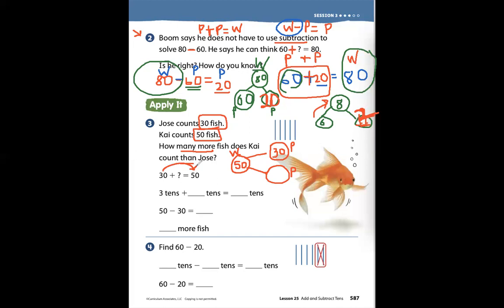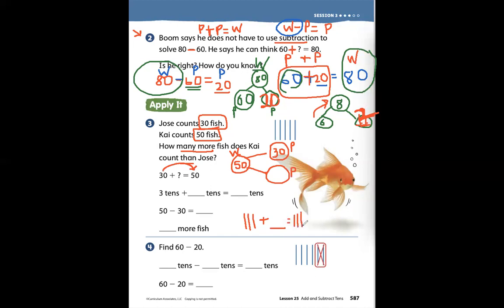I have 3 tens plus how many more will give me 5 tens?